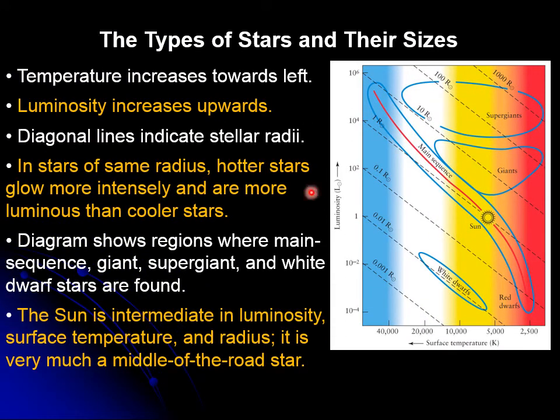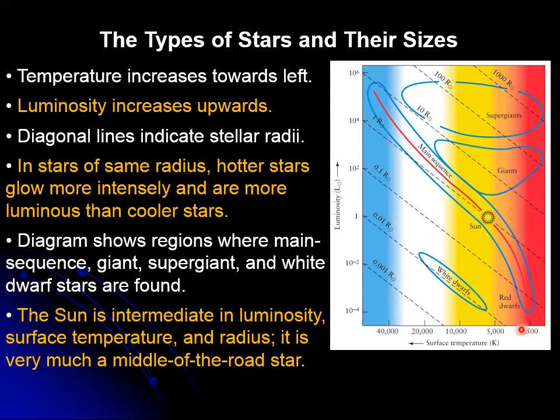We can add more information. Turns out that the spectral type is related to the surface temperature, and the luminosity is related to the absolute brightness.